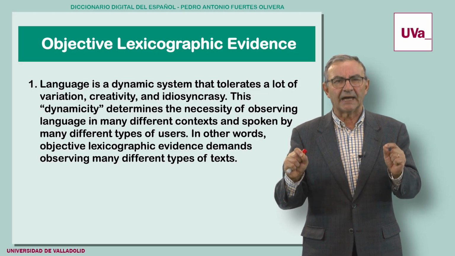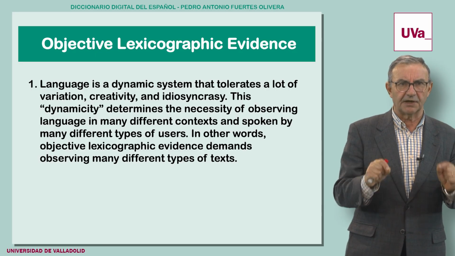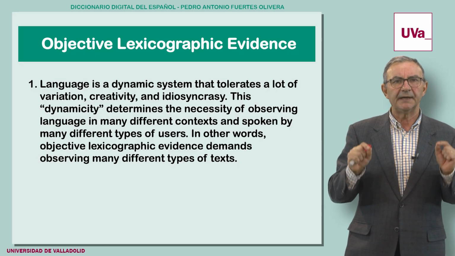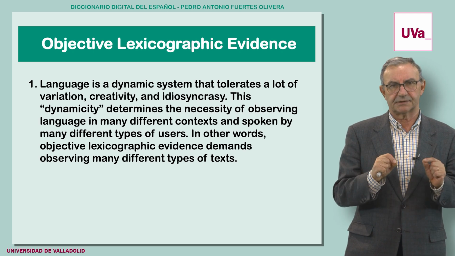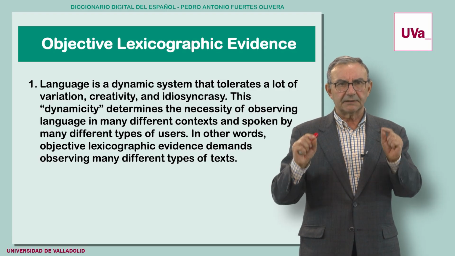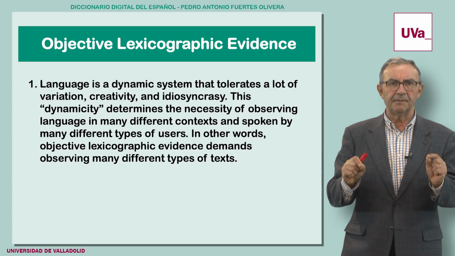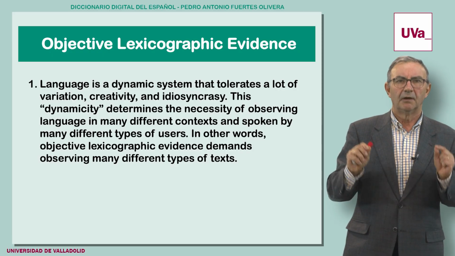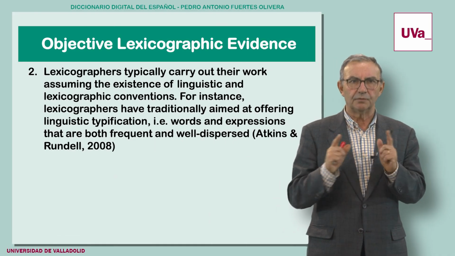This dynamicity determines the necessity of observing language in many different contexts and spoken by many different types of users. In other words, objective lexicographic evidence demands observing many different types of written and spoken text.